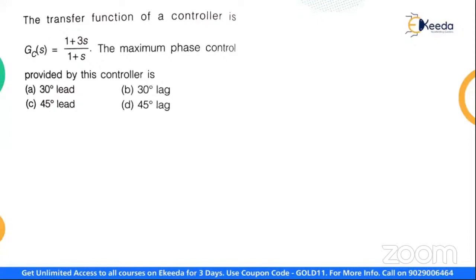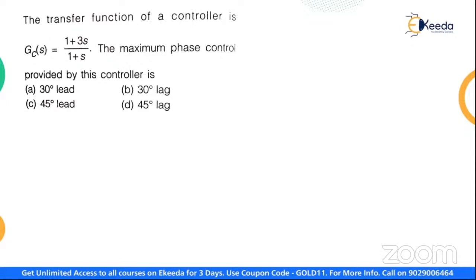The transfer function of a controller is GC of S equal to 1 plus 3S upon 1 plus S. The maximum phase provided by the controller is? They have given you the transfer function and they are asking what is the maximum phase given by it, correct?